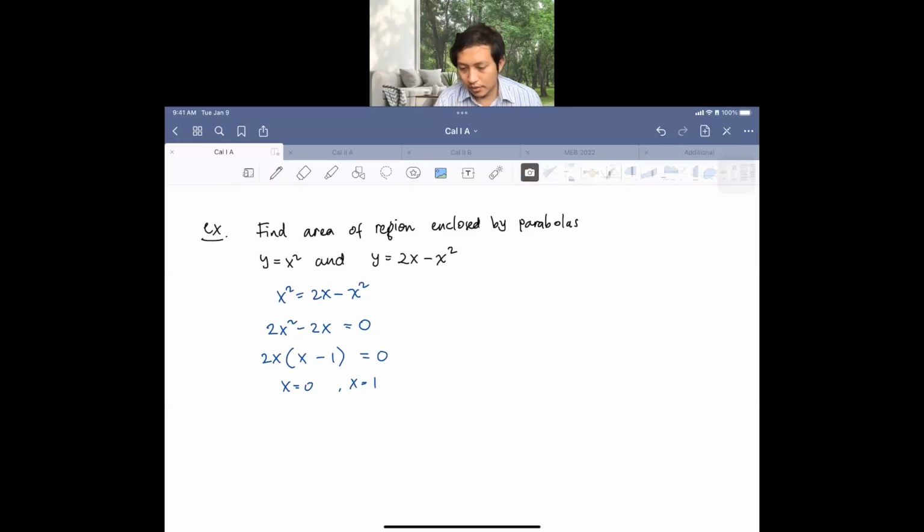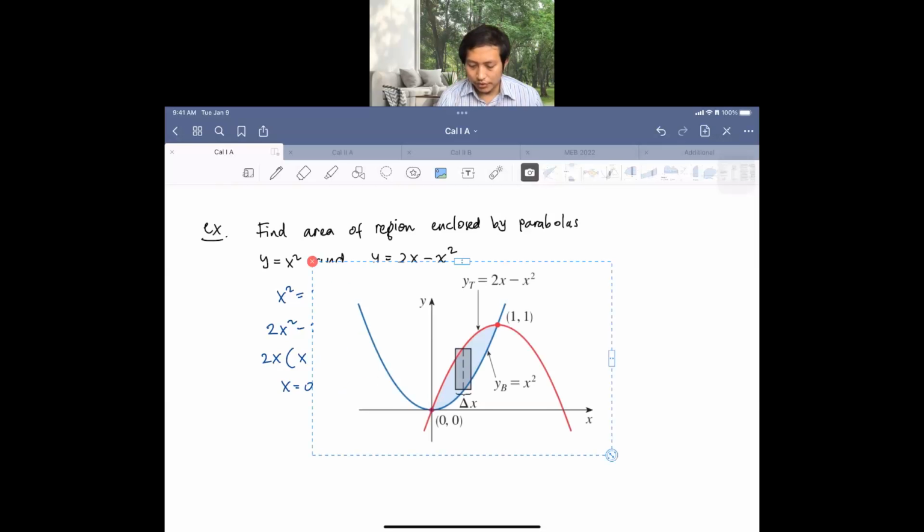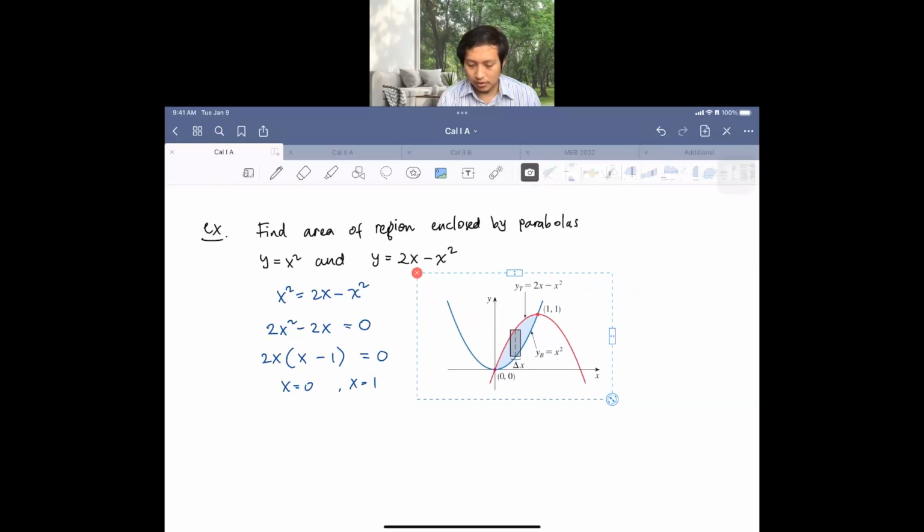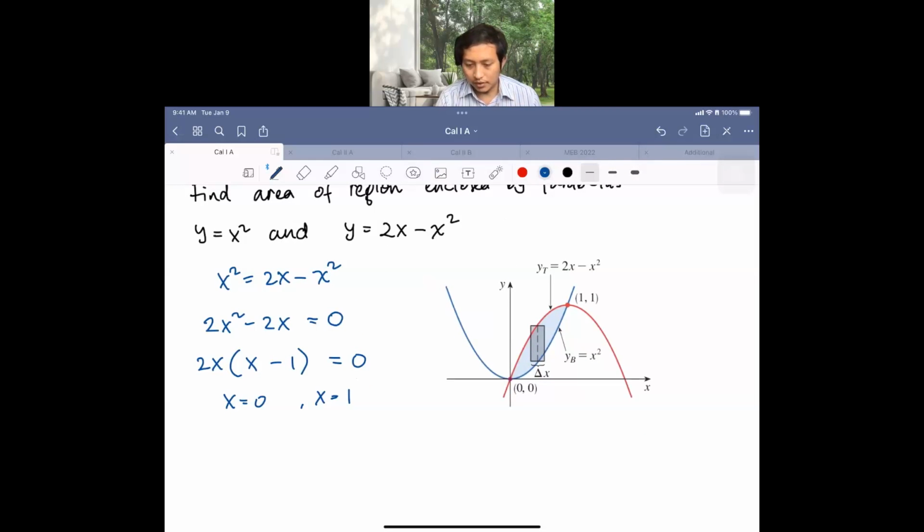Now, if you would like, we can also draw the parabolas to see that this will be the function at the top and x squared will be the function at the bottom. So first you need to be sure which one is the function that you are going to put on top. Okay, and as we mentioned, we have 0, 0 and 1, 1 as the points of intersection.